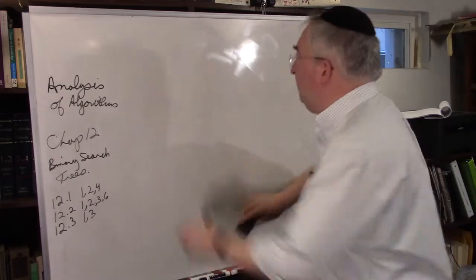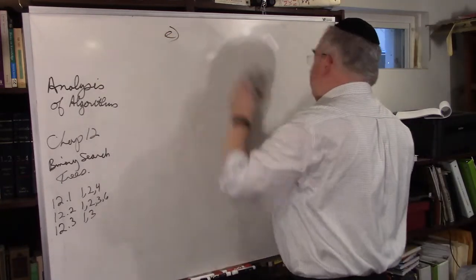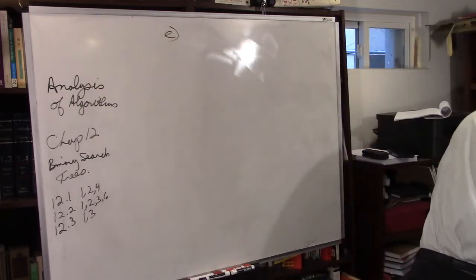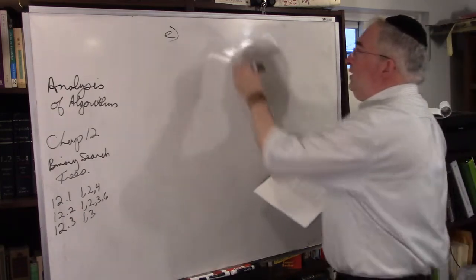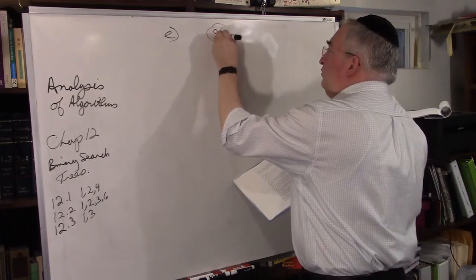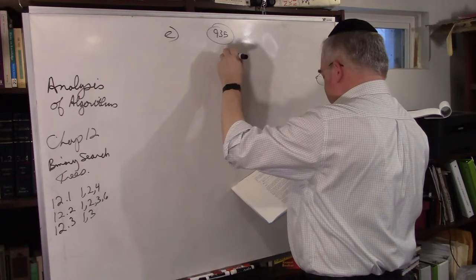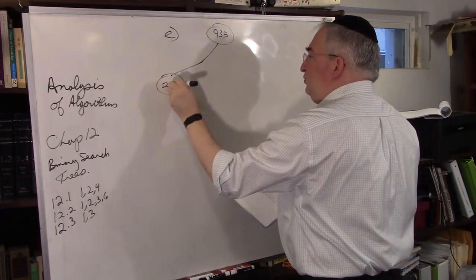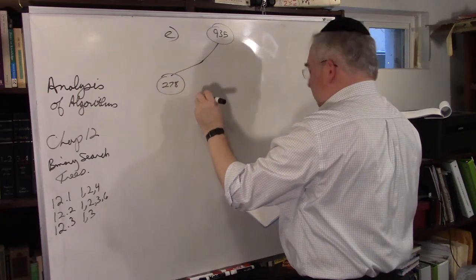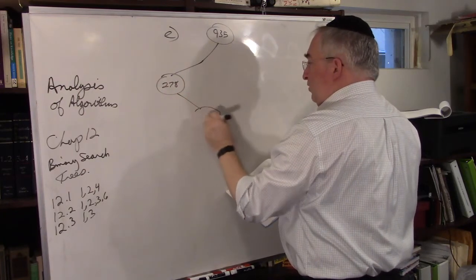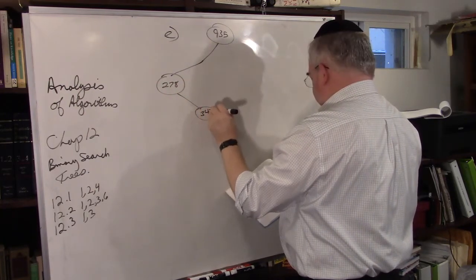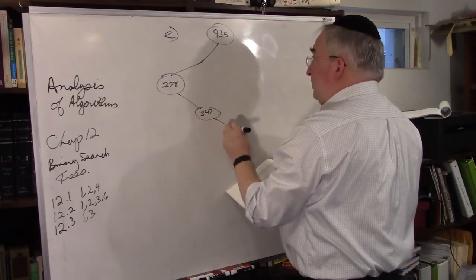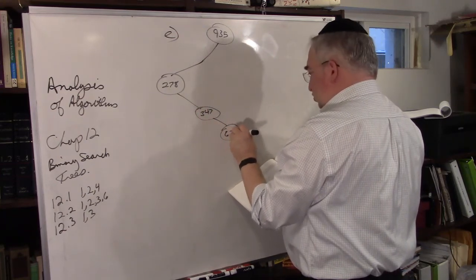Let's do E. So finally E. Okay, let's do it. 935. Okay. Let's try 278. 347. 621.